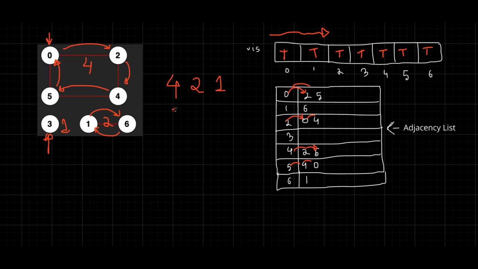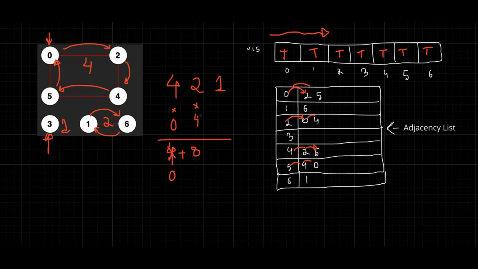If we multiply 4 with 0, we will get 0, sorry, not 4, it is 0.